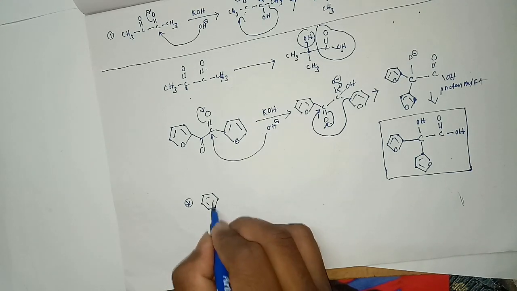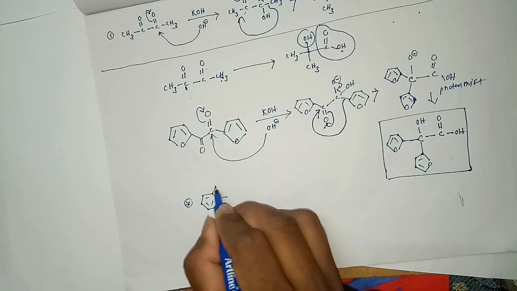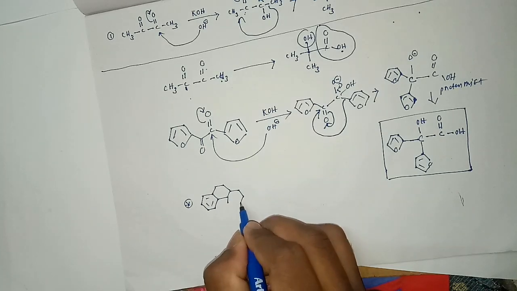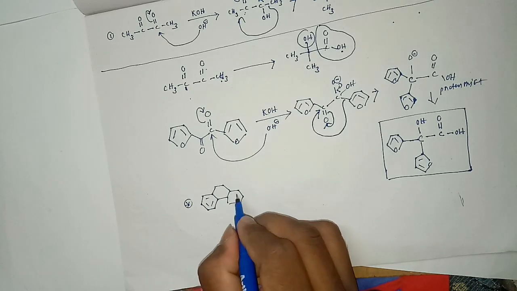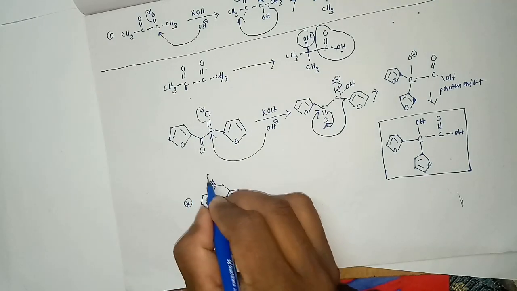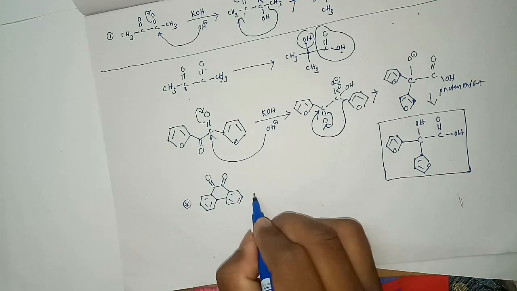This is also an example of benzylic acid rearrangement. This is a 1,2-diketone with KOH, and in the second step H plus ion.